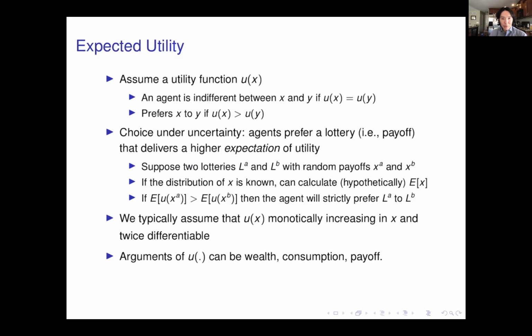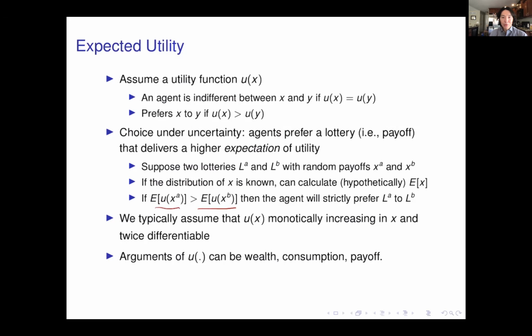Now, if the distribution of X is known, we can calculate the expected value of X, and also the expected value of utility based on XA and based on XB. Then the agent will strictly prefer LA to LB.